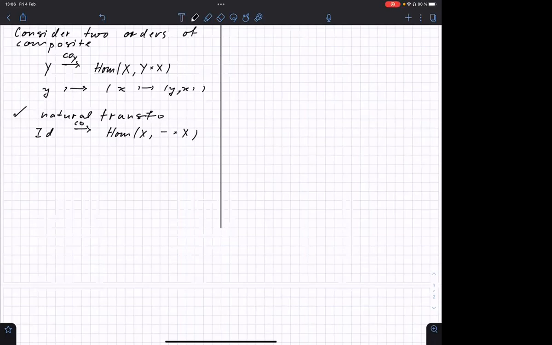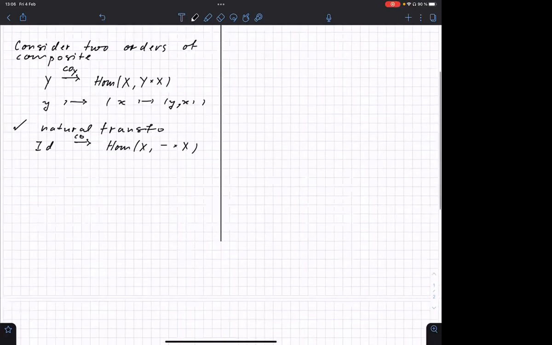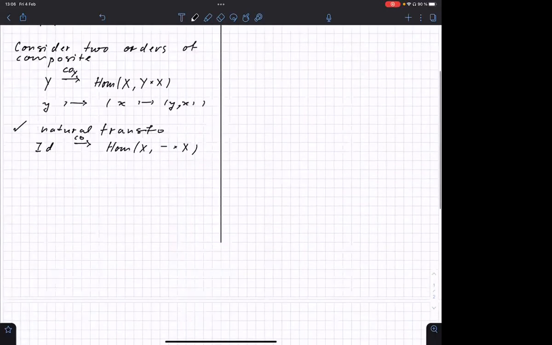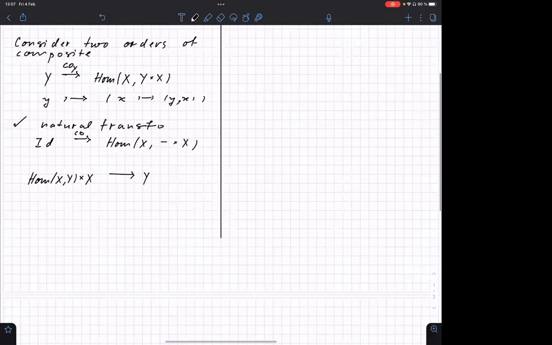And in the other direction, I could first Hom from X into some set and then cross with X. And given a pair of a map from X to Y and an element of X, I can evaluate the map on X and get an element of Y. So this sends a pair, a map f and a point of X, little x, to f of x.